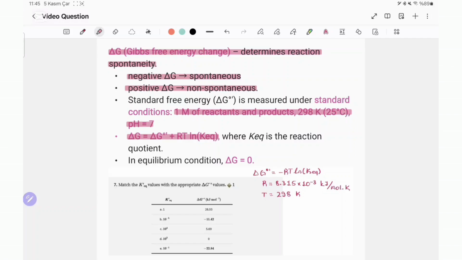However, in our question, we are calculating the free energy under standard conditions. We have 1 molar of reactants and 1 molar of products, which means our reaction is in equilibrium condition, which makes the delta G 0. Therefore, we can arrange this equation like this.